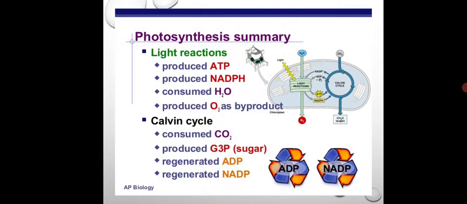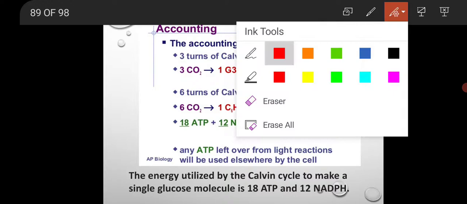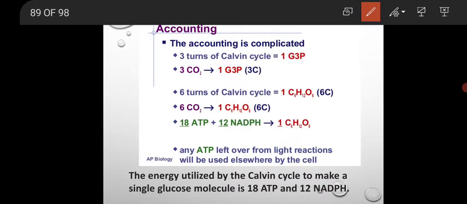Yes, so at 1 cycle we require 3 ATP. ओके, एक साइकिल में हमें लगते हैं 3 ATP. तो हमें 6 साइकिल में कितने लगेंगे? 6 × 3 = 18. ओके, सो ओवरऑल 18 ATP, means the energy utilized by this Kelvin cycle to make 1 glucose molecule is 18 ATP.